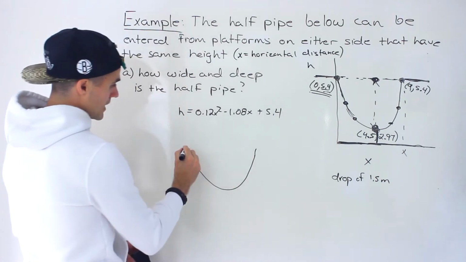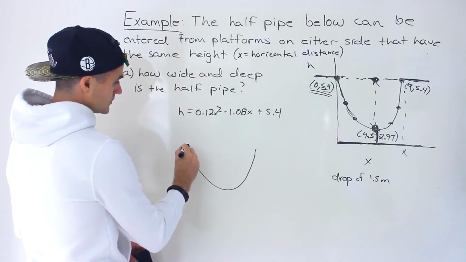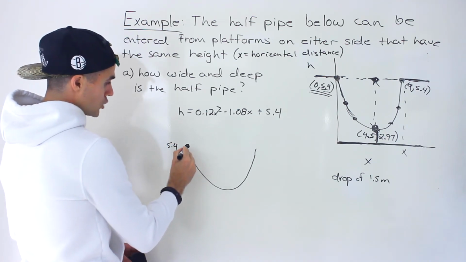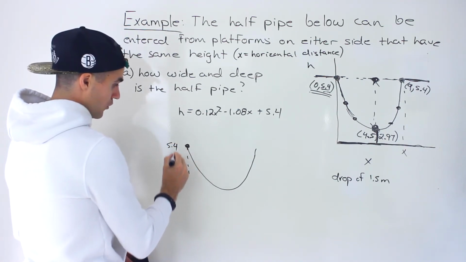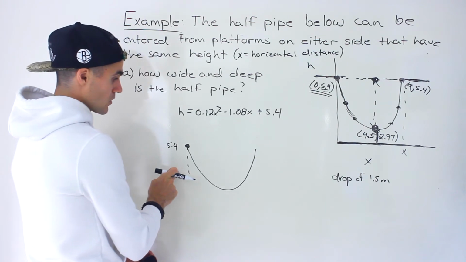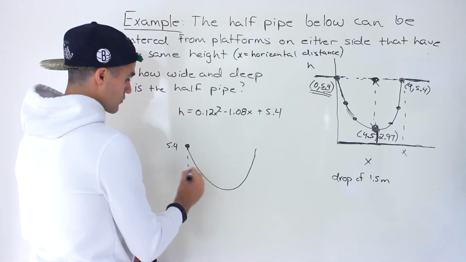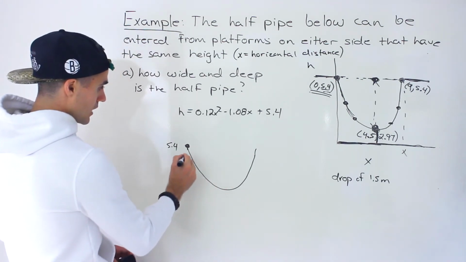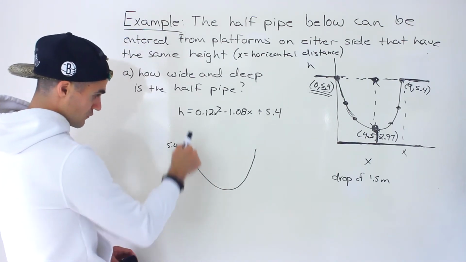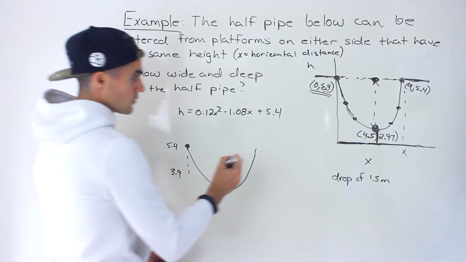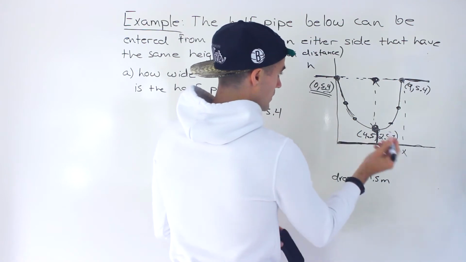So what they're saying is, if we're starting at a height of 5.4 meters, a drop of 1.5 meters, 5.4 minus 1.5, is going to give us 3.9. So a vertical drop of 1.5 meters from 5.4 would give us a height of 3.9. And so we basically want to find the point.